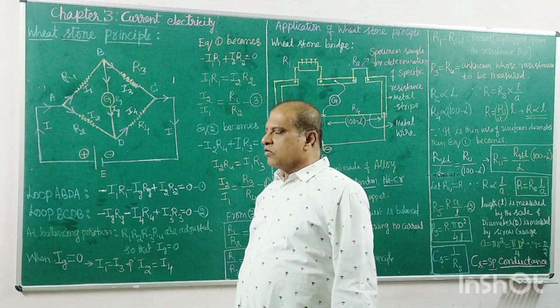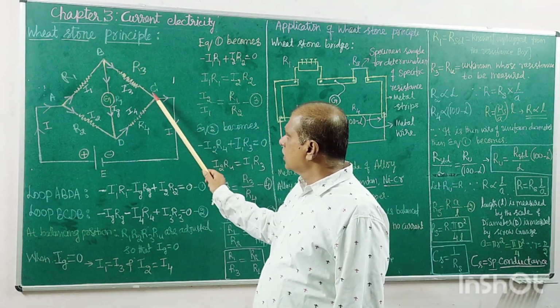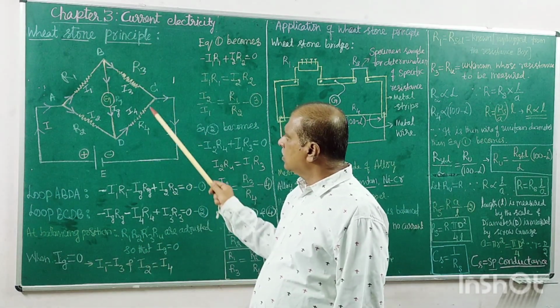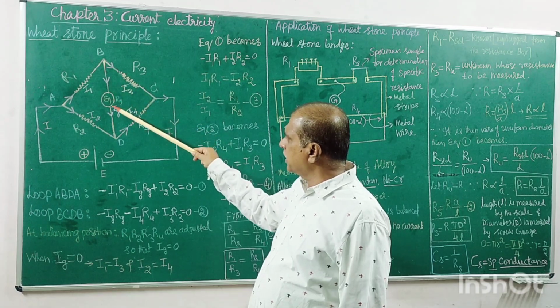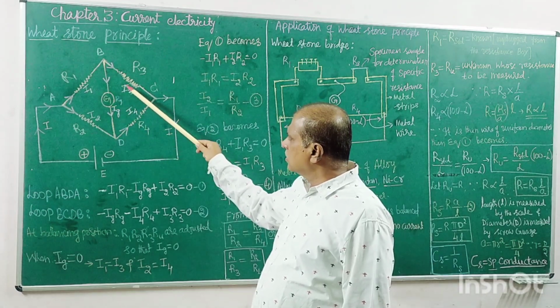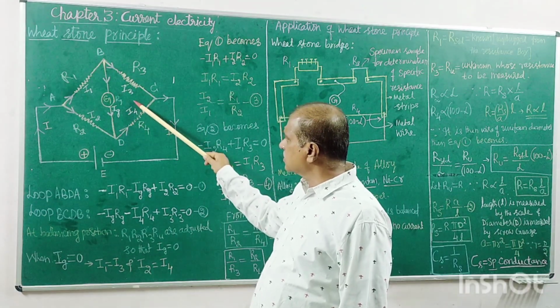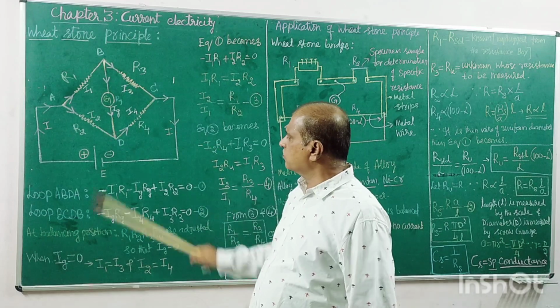What is the second law for the second loop? The loop is B, C, D, B. See the loop current direction. We say this is a clockwise direction like this, but this direction is opposite to the clockwise.